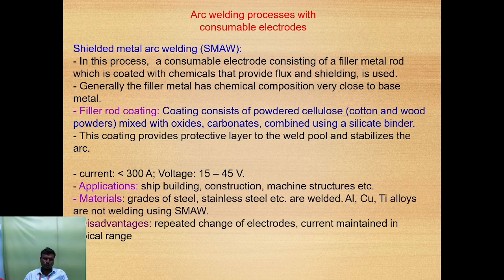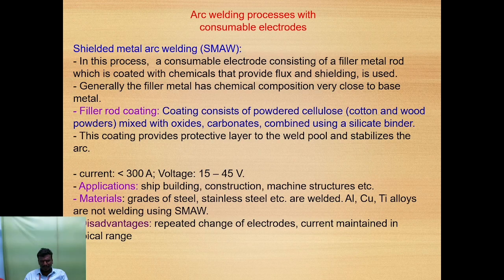Next is the filler rod coating. The coating consists of powdered cellulose, meaning cotton and wood powders, mixed with oxides, carbonates and a silicate binder. This coating provides a protective layer to the weld pool and stabilizes the arc.